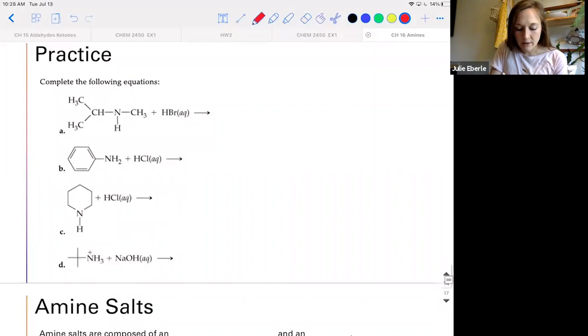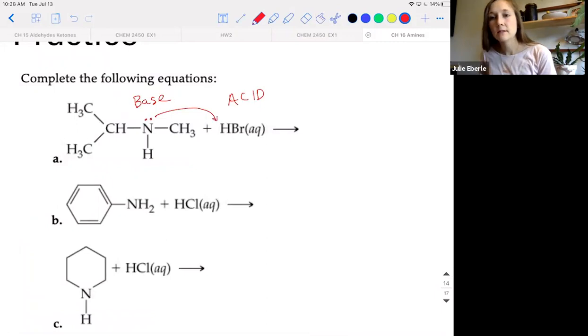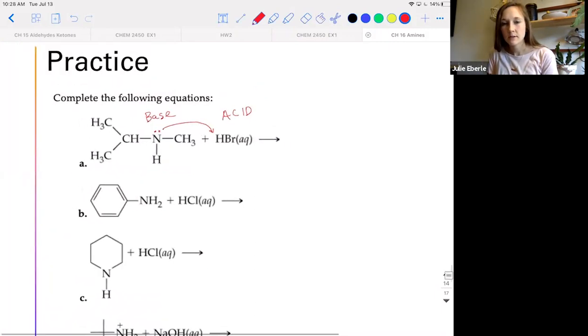So you should have that the amine is the base here. And HBr, this is hydrobromic acid. So what's going to happen is the lone pair is going to grab this hydrogen from the acid, form a bond.